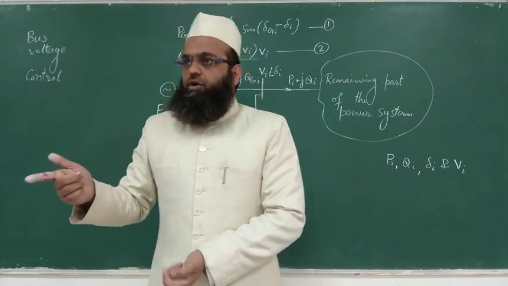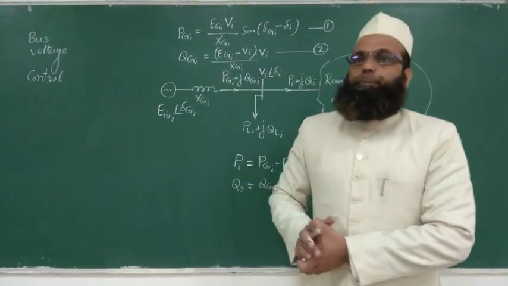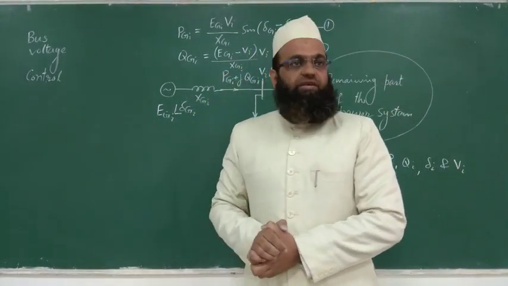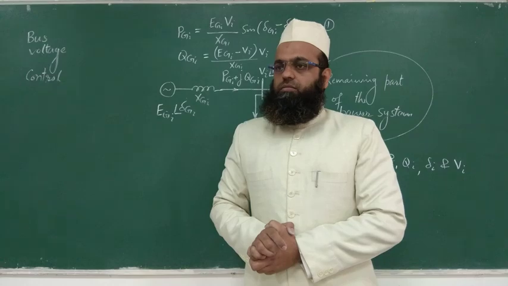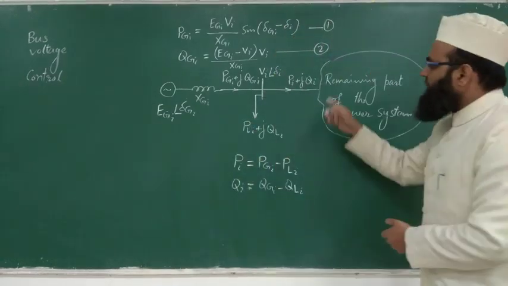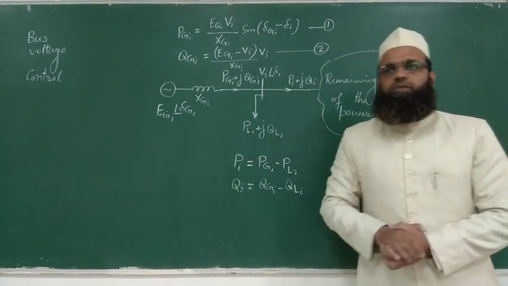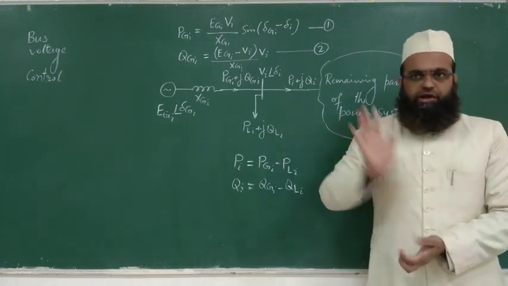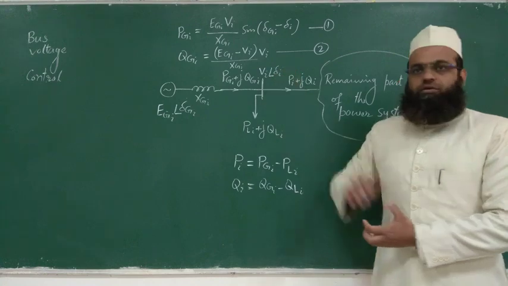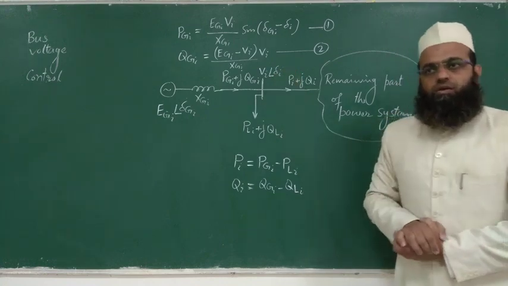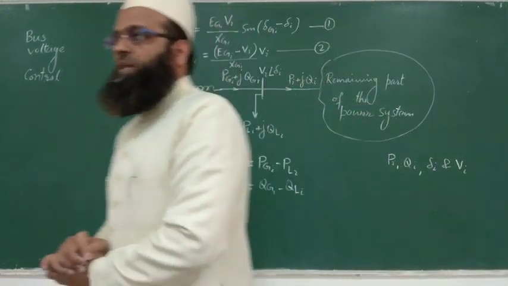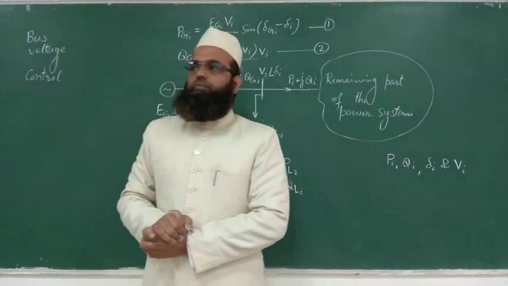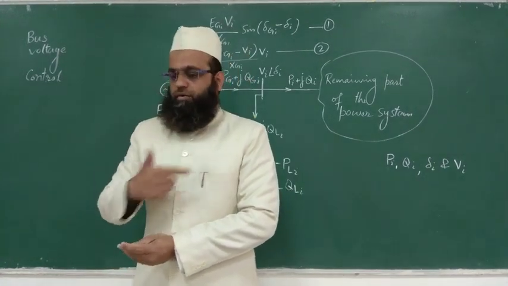So using transformers also, we can control the bus voltages of the power system. Bus voltage magnitude or angle, both can be controlled with transformers. You know that bus voltage magnitude can be done, right? What about phase angles? Can we do that? Both can be done. We will see one by one how.